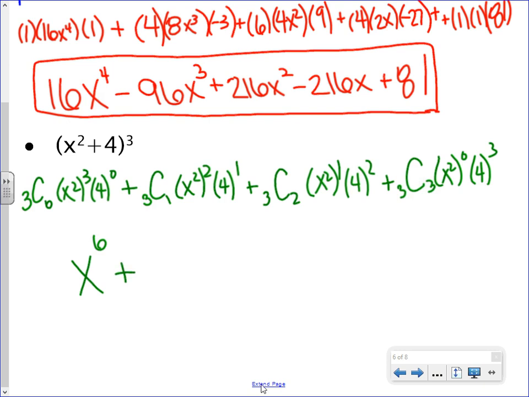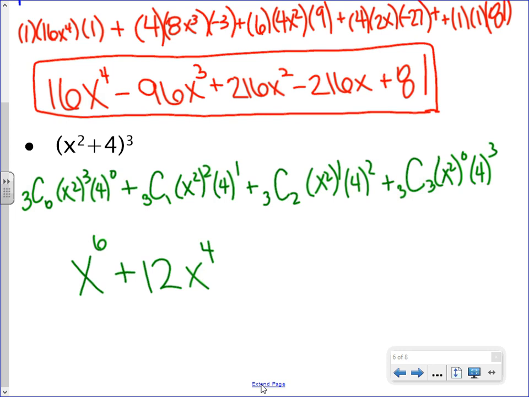Three combinations of 1 times 4 to the first gives us what number? It'll be 12, right? 4 times 3.